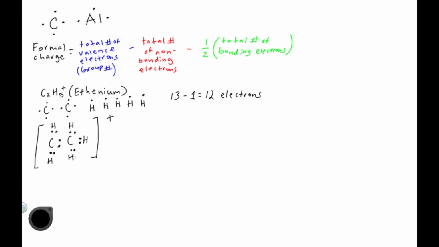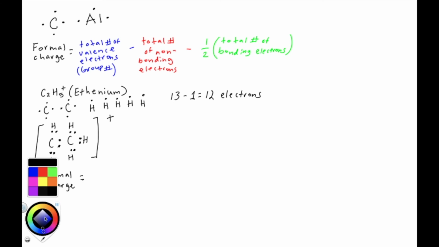So for the leftmost carbon, which is going to be this carbon right here, the formal charge of this carbon is going to be equal to the total number of its valence electrons in a free isolated atom, which is also going to be the same as its group number. So that's going to be 4.